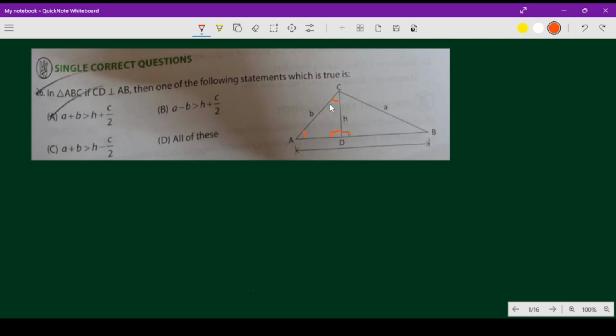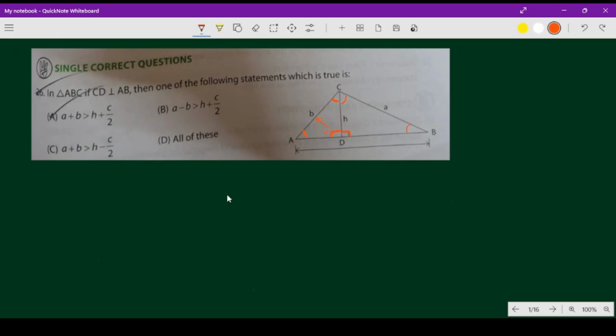As we know, the sum of the three angles of a triangle is 180 degrees. So this angle and this angle will obviously be less than 90, then only their sum can be equal to 90. In the same way, in this triangle, these two angles are both smaller than this angle. As angle ADC is 90, which is bigger than these two, the side opposite of it will obviously be bigger than the sides opposite of the other two angles.